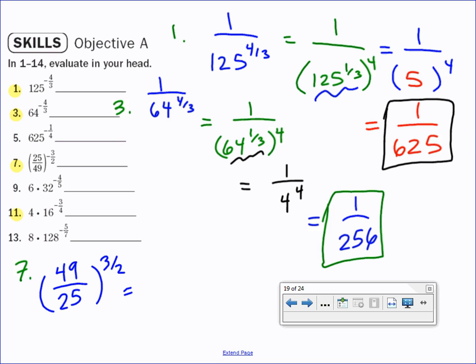See that? We take the reciprocal of the base and rewrite with the positive exponent. That is top the line and change the sign. Next, we'll purposely apply my denominator of my rational exponent as an nth root first. So I do 49/25 to the 1/2, and then all to the third power.